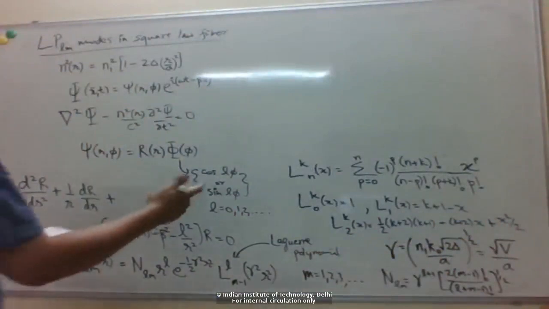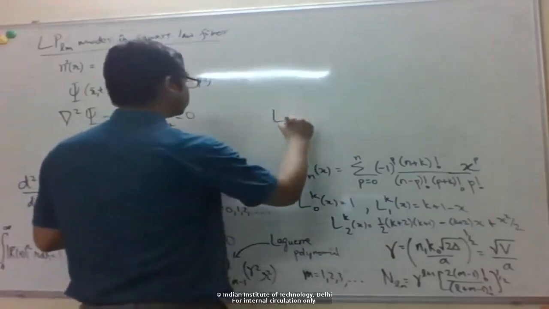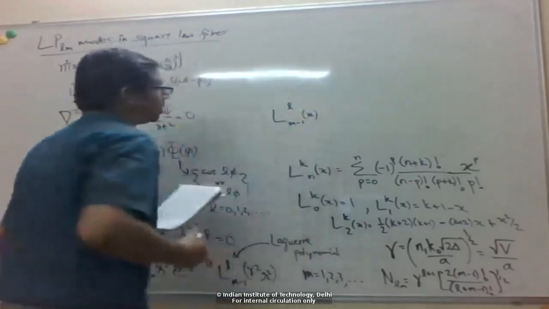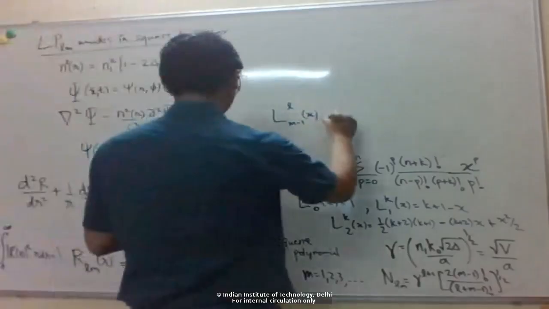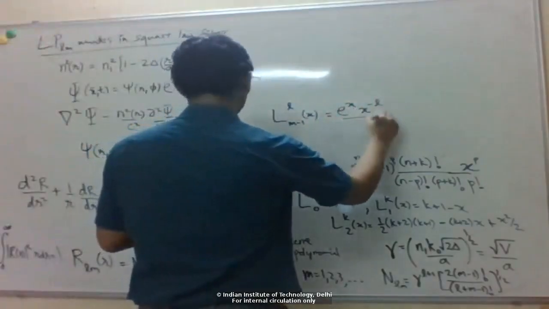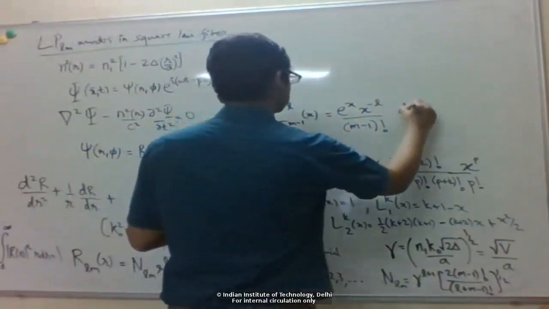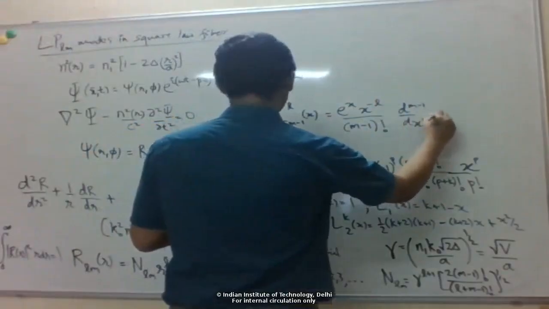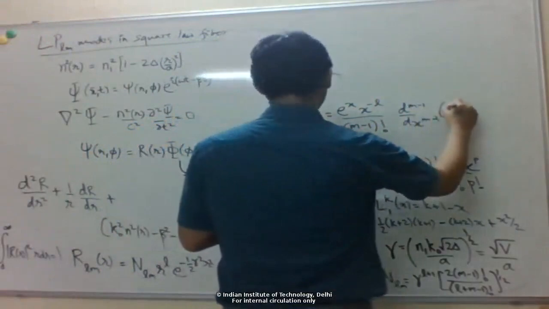Or you can use this generating function. Similarly, for Hermite polynomials we had a generating function, where we could take the mth derivative of some function.